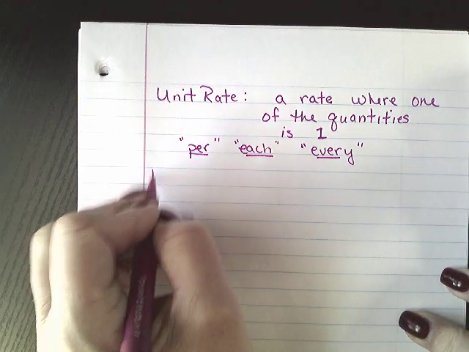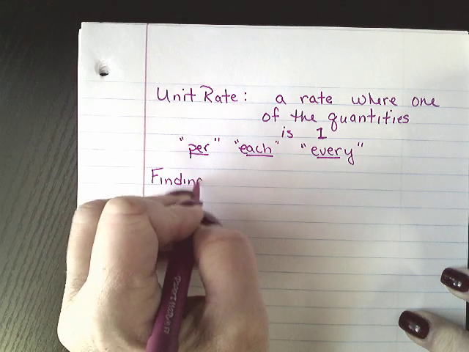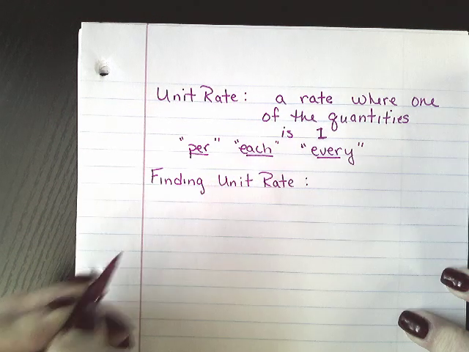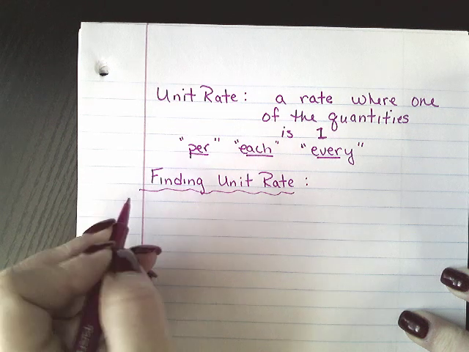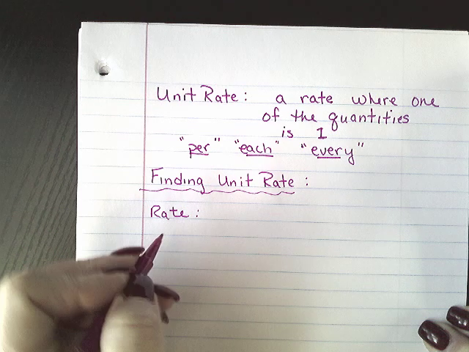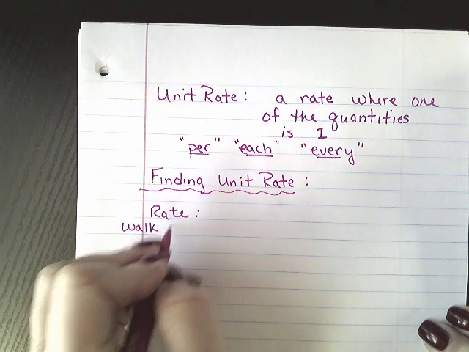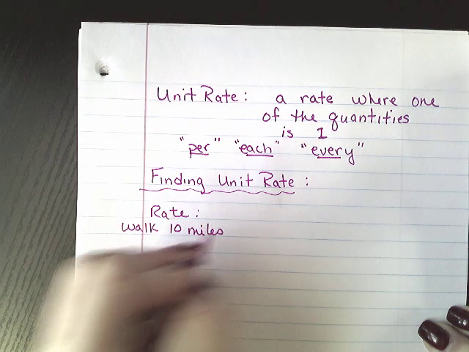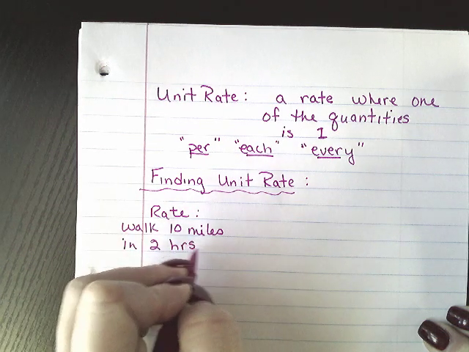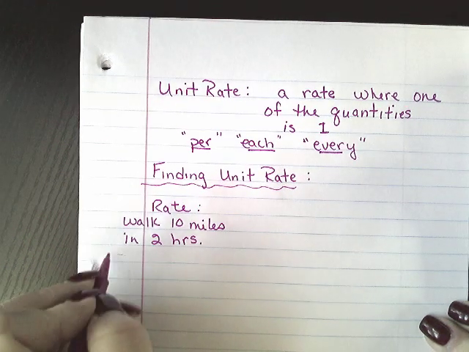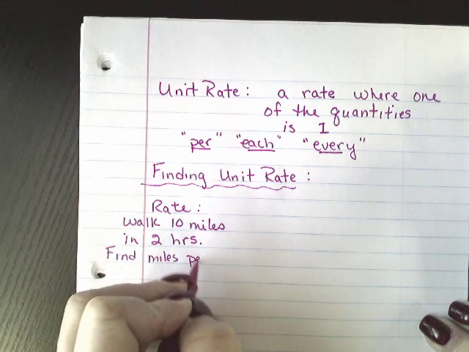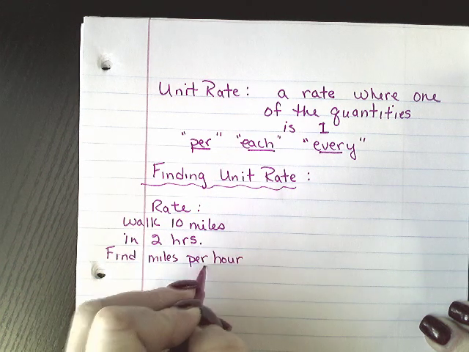So how do we find unit rate? Okay, so we have a rate, which would be walk 10 miles in 2 hours. And it'll say find miles per hour. There's that word per.